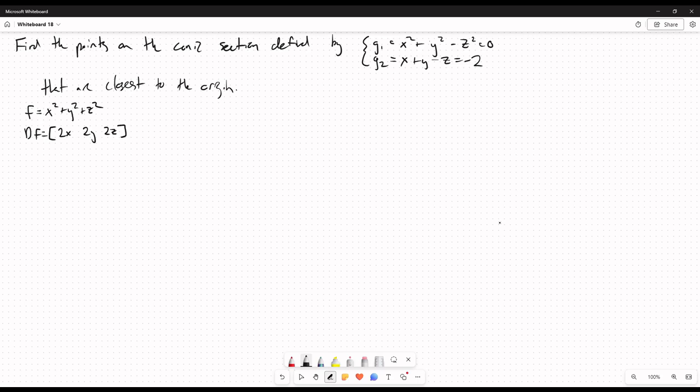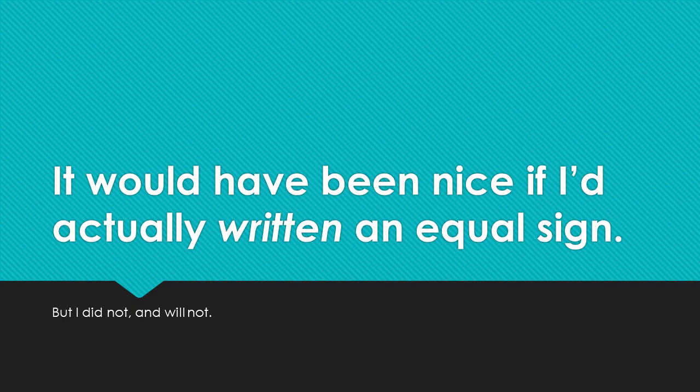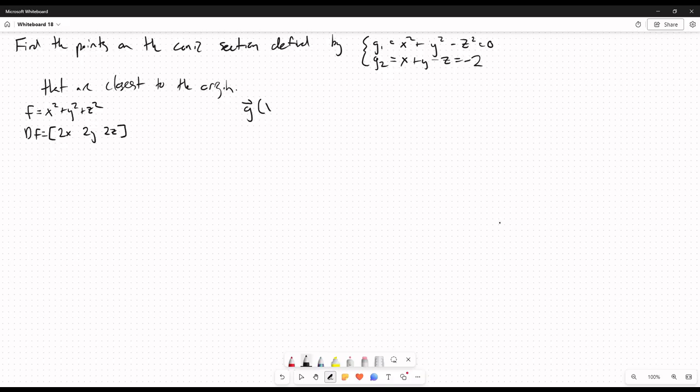And here's how we will write it. We'll write g as a vector valued function. We don't always do this, but it's going to be useful coming up soon. G will equal our first constraint function, and then our second one.